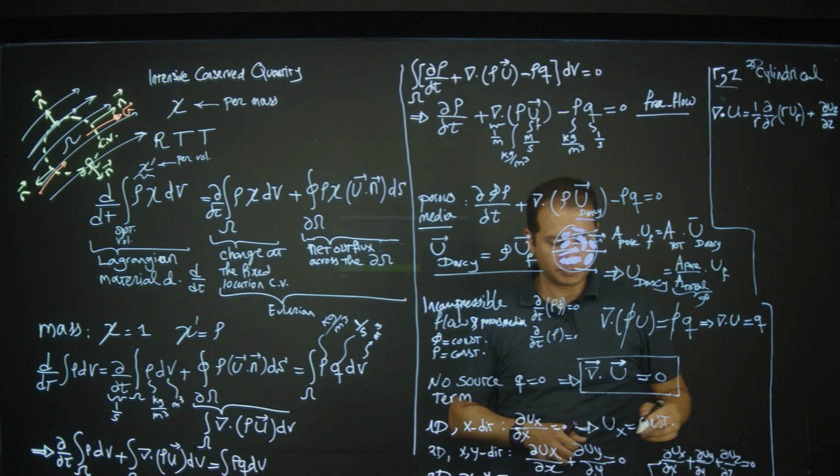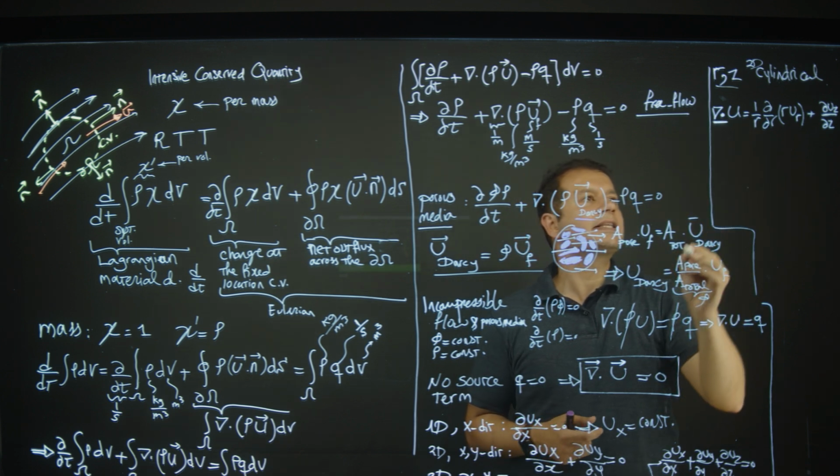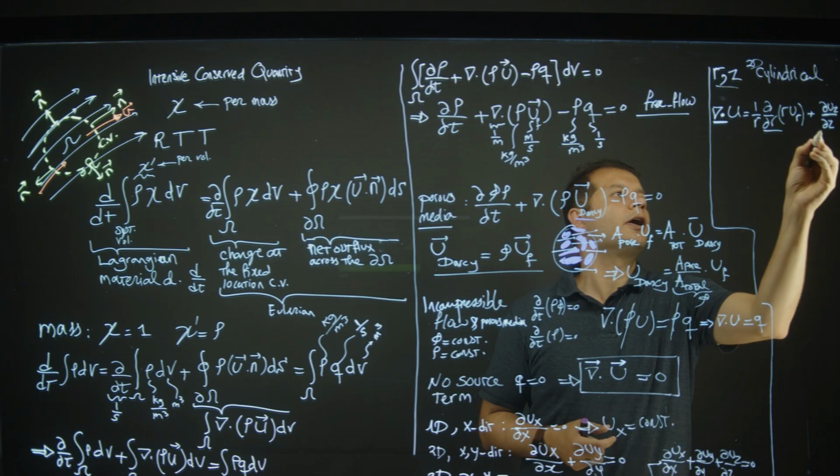So this is the divergence operator that can be written in radial coordinate, which is r and z.